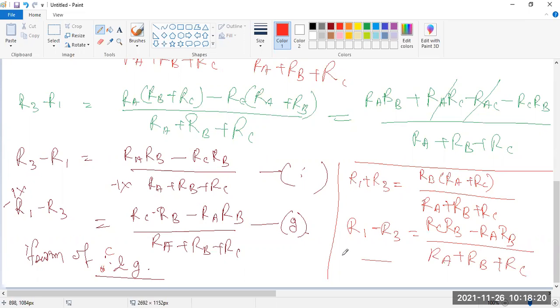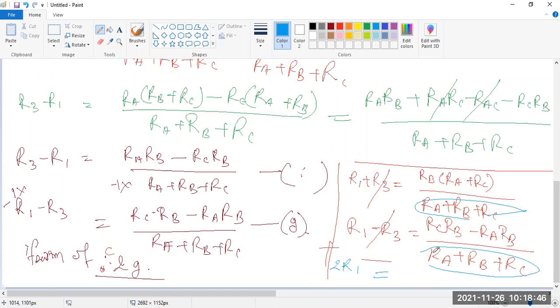Look, if I summation it, then R3 and R3 will be nullified. So we get only 2R1, okay, and equal to, look, this portion and this portion is common. So we get only this.